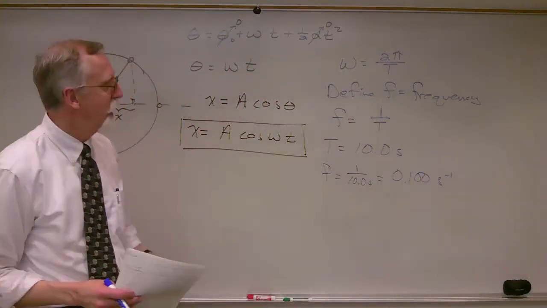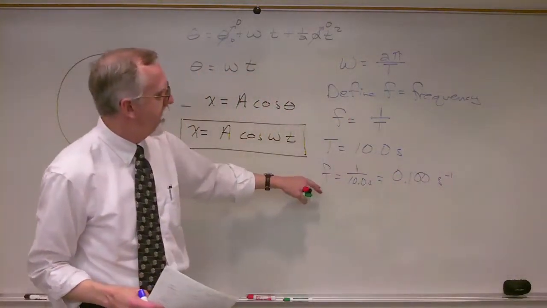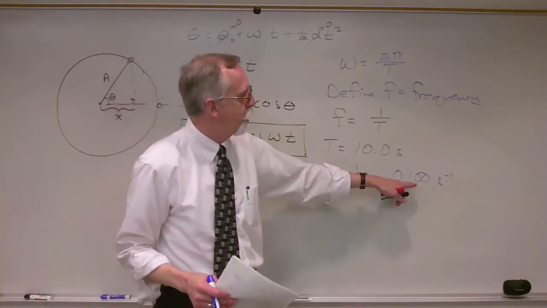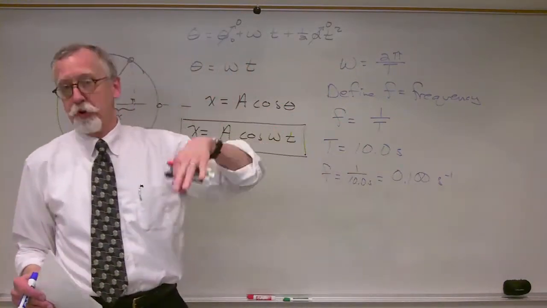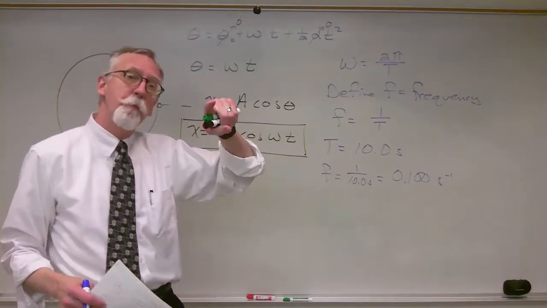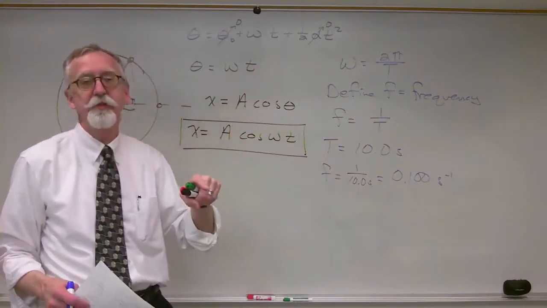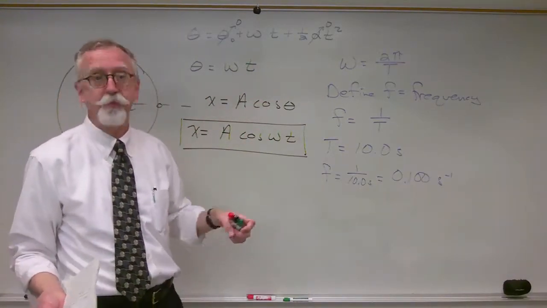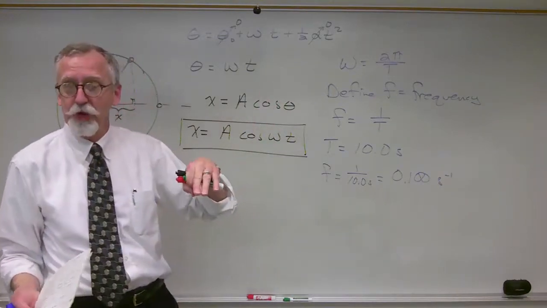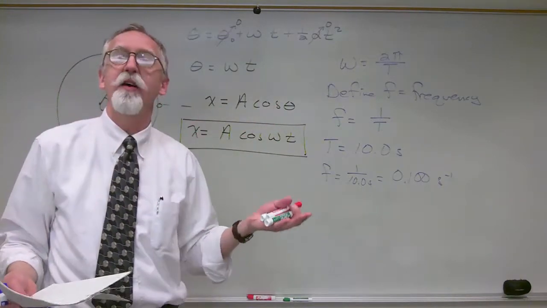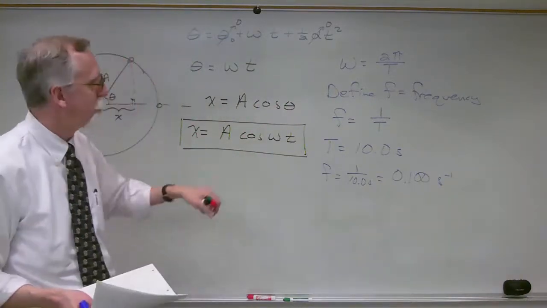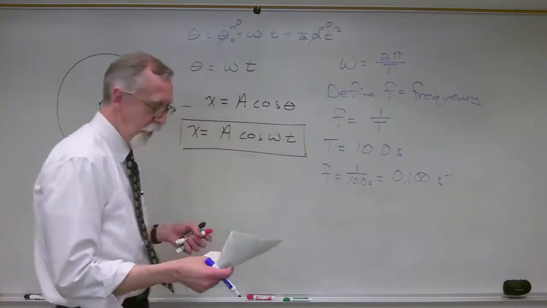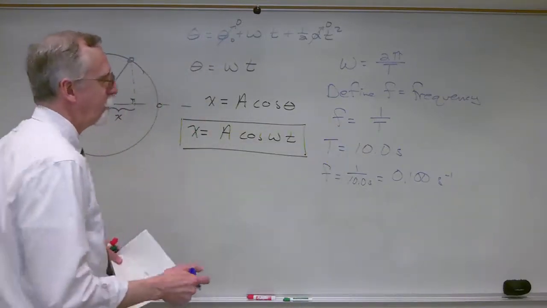So that tells us that we get a frequency of 0.1 cycles per second. In other words, we're getting 0.1 rotations completed every second. 10 seconds per rotation, or 1/10 of a rotation per second. So we can see how these two are related to each other.